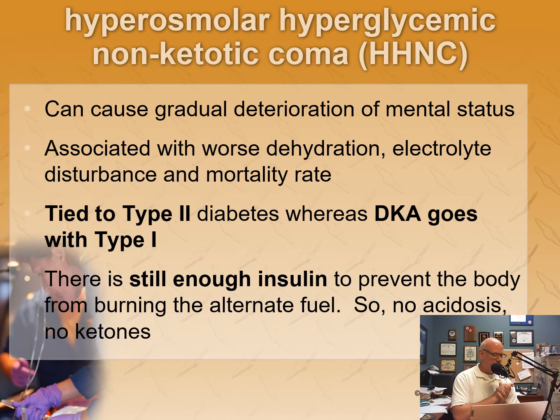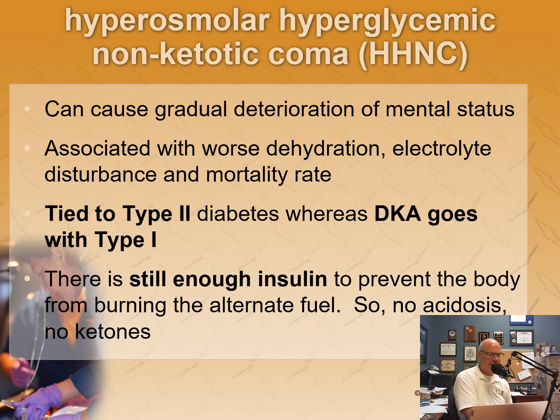Close to DKA, but not the same as DKA, is the HHNC. That's hyperosmolar hyperglycemic. So when we go back to that picture of a bunch of sugar inside the vessel, water is going to come in there. That's hyperosmolar, and then hyperglycemic, non-ketotic.